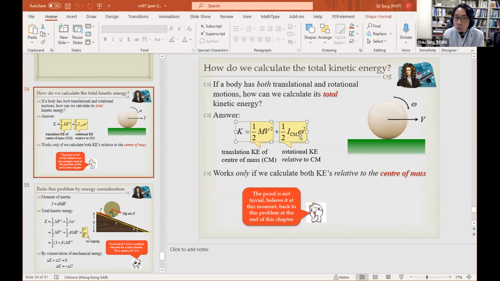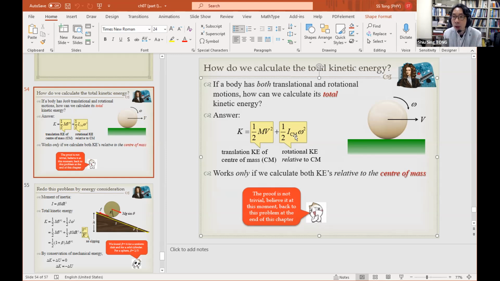The other form of kinetic energy is the rotation. If you measure the moment of inertia about the center of mass, and you measure the angular velocity about the center of mass, then the rotational kinetic energy associated with that is half I_CM omega squared. So the total kinetic energy is the sum of the two terms.